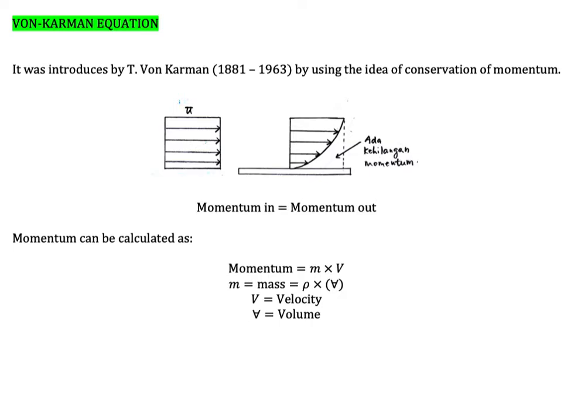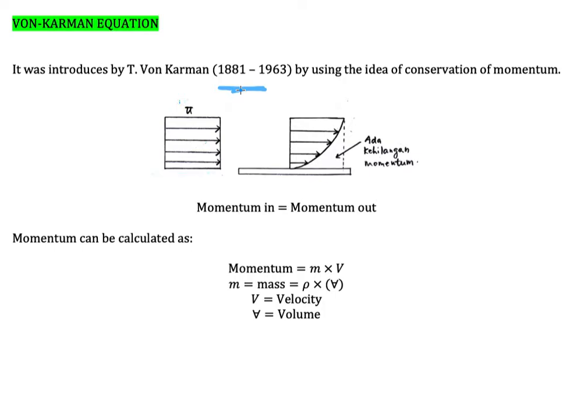Until now, we only managed to calculate the value of delta star and theta. So now I would like to introduce another equation to help us calculate the value of shear stress. We call it the von Karman equation.